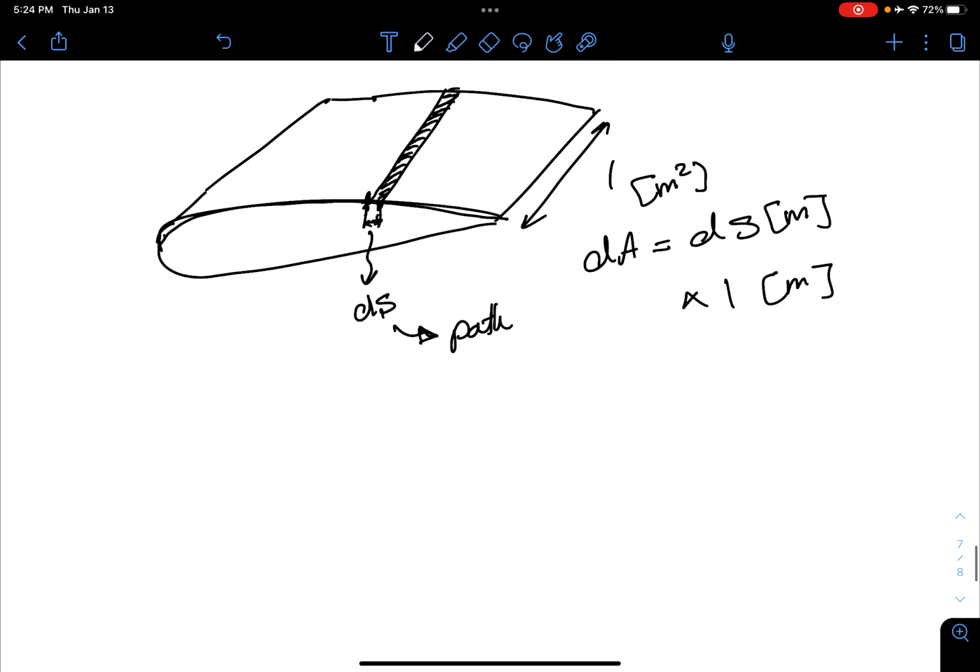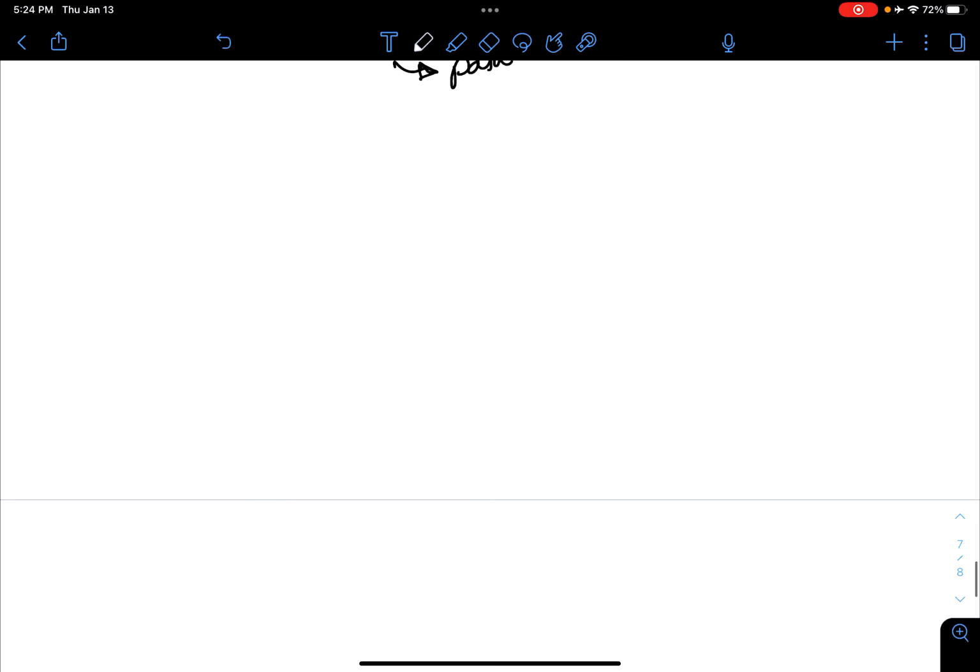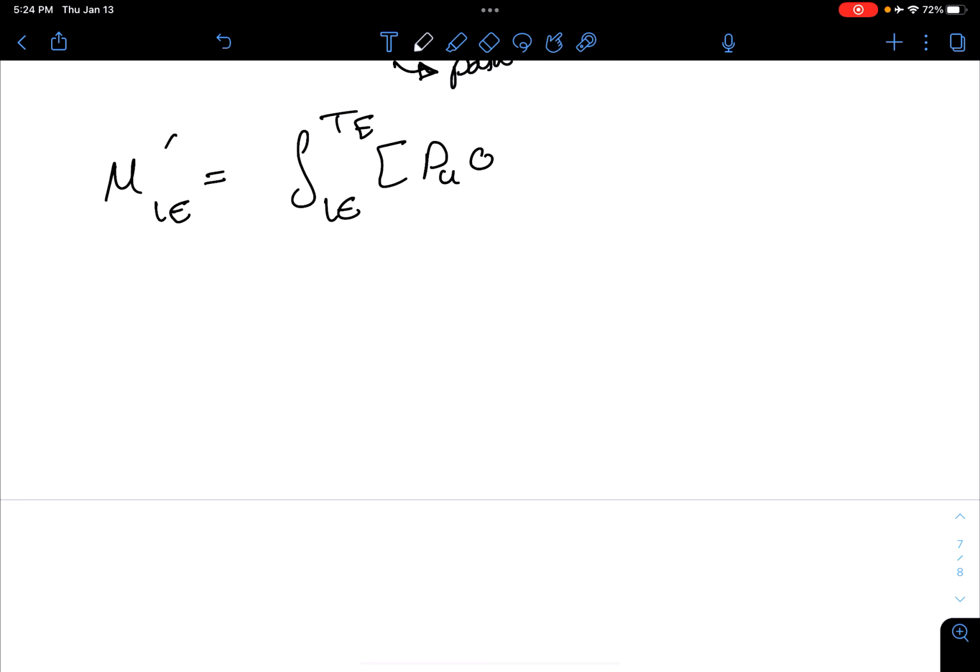So let's move on. We can actually find the moment around the leading edge as well. I'm just going to give you the equation for this moment, but it's essentially very similar to the equations we have. We just have to include a distance from the leading edge.